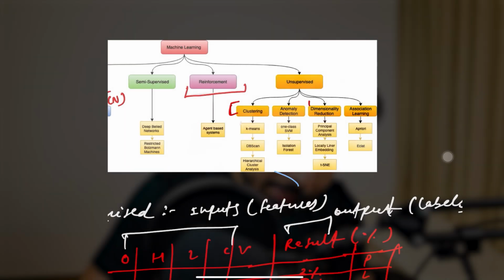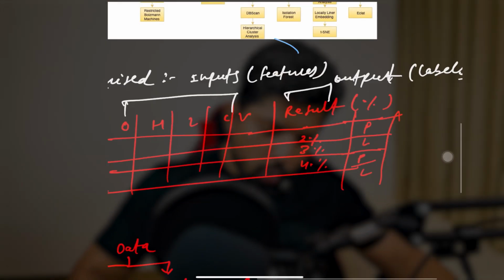So another type is dimensionality reduction. What is the meaning of this? First of all, let's understand what dimensions are. We have inputs, multiple inputs, and these are also known as the features. By using dimensionality reduction, we try to reduce the number of features while preserving the most important information.